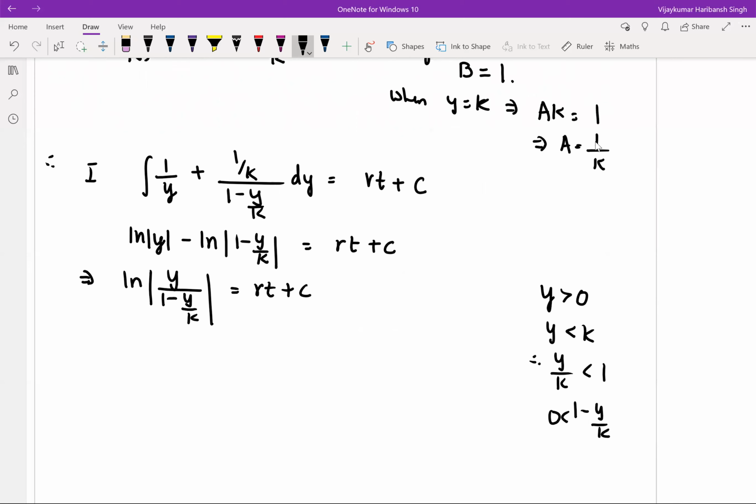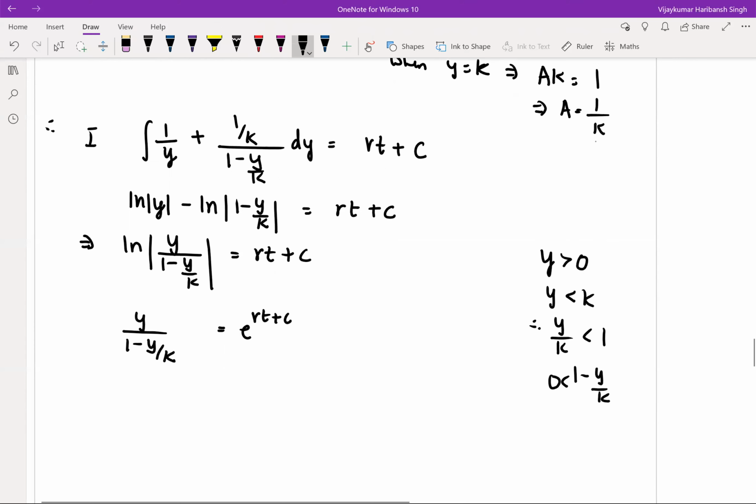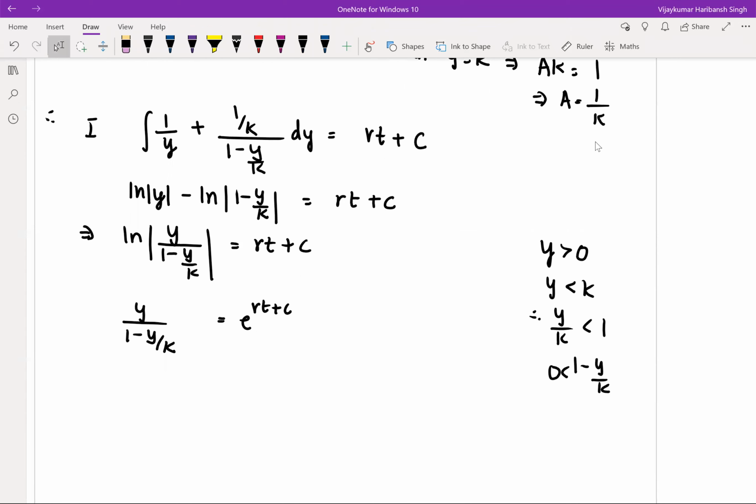So I can write e to the power rt + c equals y upon (1 - y/k). And a little bit of rearrangement gives me yk upon (k - y) equals e to the power rt times e to the power c.